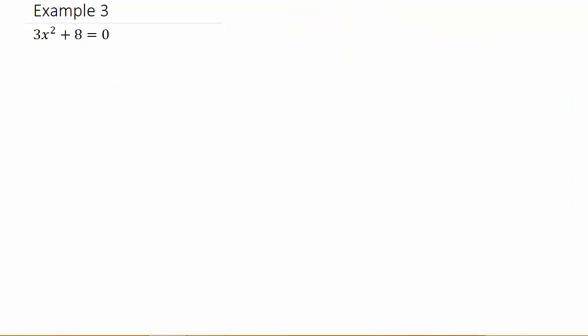Alright, so here I have 3x squared plus 8 equals 0. So same thing, I need to get it in this form, x squared equals k. So I'm going to subtract 8 from both sides. So I get 3x squared equals negative 8.